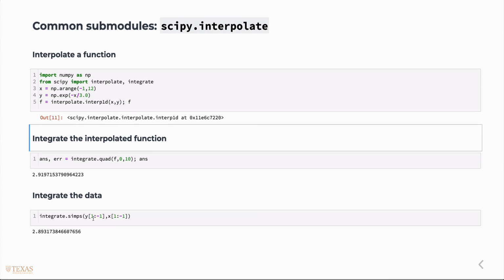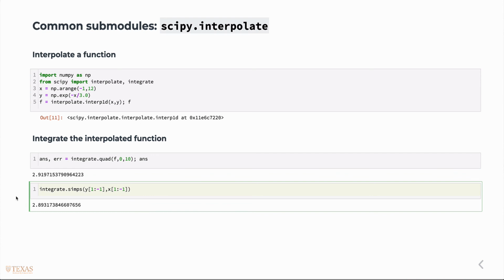Likewise, if we were to integrate via Simpson's rule the raw data, again on the interval 0 to 10, that's what we have here with Simpson's rule. The integration is 2.89. I would say that we'd have to integrate the original function exactly to know what the right answer is. In fact, I think we could do that here.